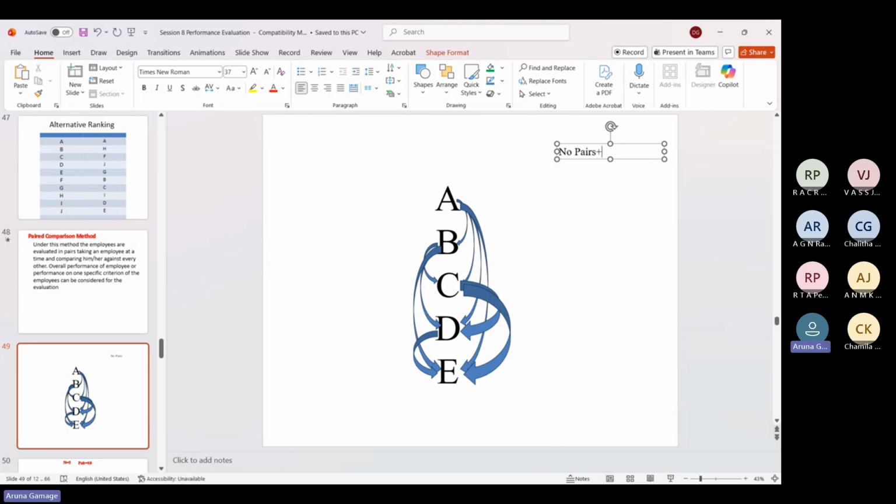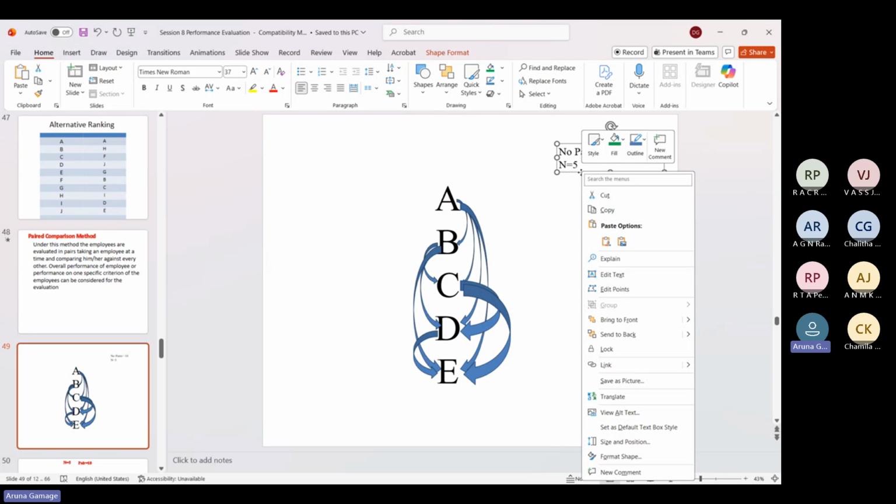Do you count? 10. 10 comparisons. So the number of employees, let's say denoted by N. How many employees? 5. Number of pairs, comparisons, 10.